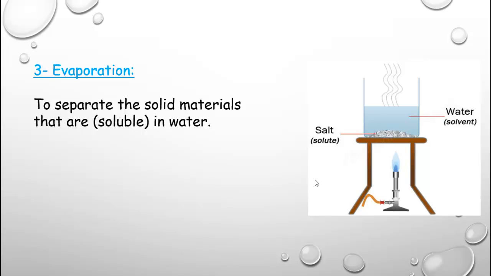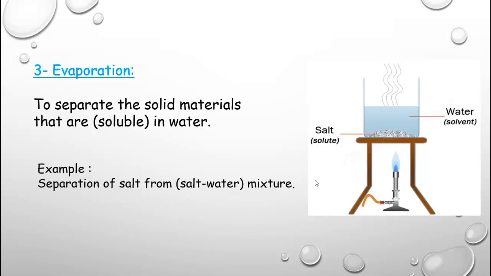So if I take some water from the sea and put it in a big pot, after some time this water will evaporate and the salt will remain at the bottom of the pot. So, example of the evaporation method: separation of salt from a salt-water mixture. Also we can use a sugar-water mixture in this way.